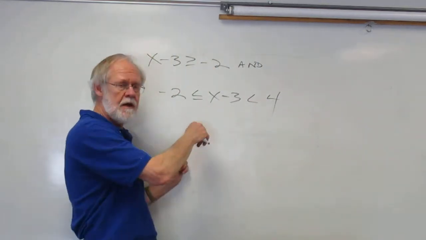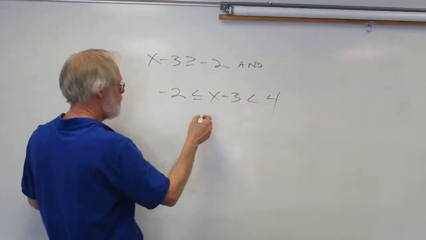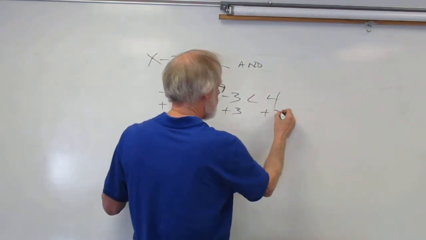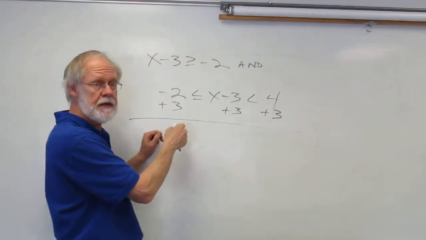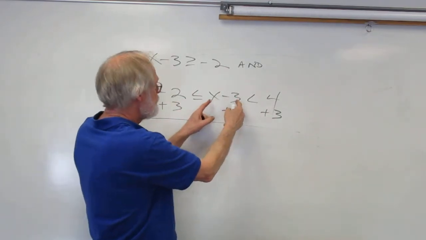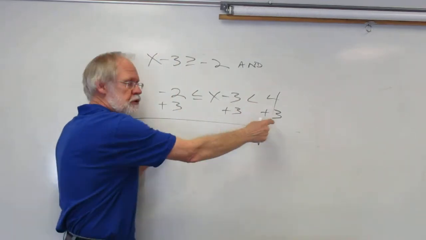We're going to solve it right here without breaking it apart into two pieces. So we're going to add 3 here, here, and here, because remember we have two inequality statements. X minus 3 is greater than or equal to negative 2. X minus 3 is less than 4. So this is a shortcut.